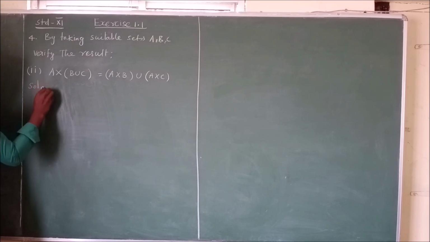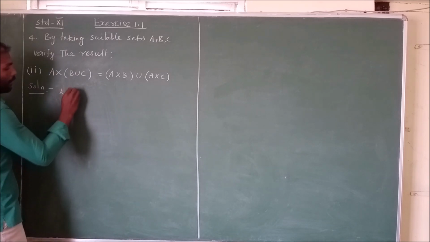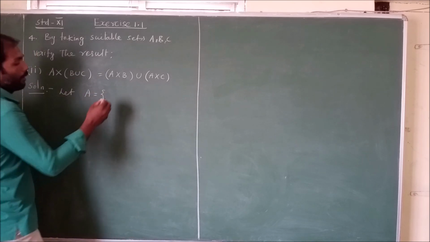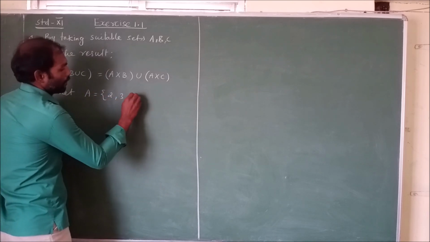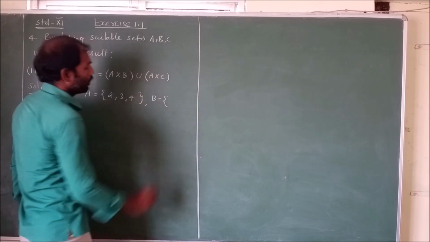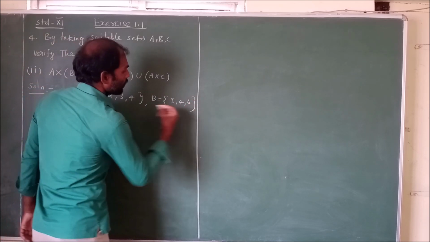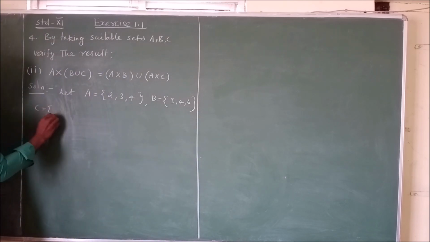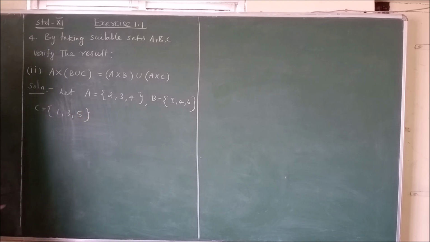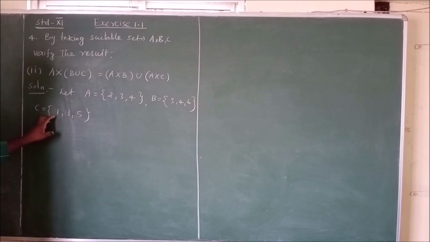So first, let us take suitable values for the sets. Let A equal 2, 3, 4, and B equal 3, 4, 6, and C equal 1, 3, 5.